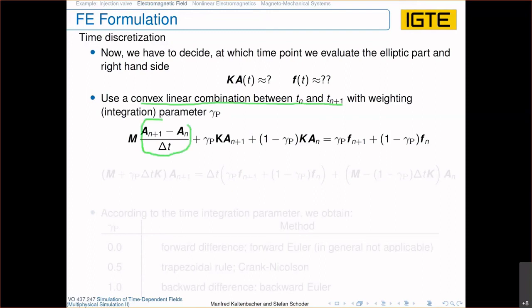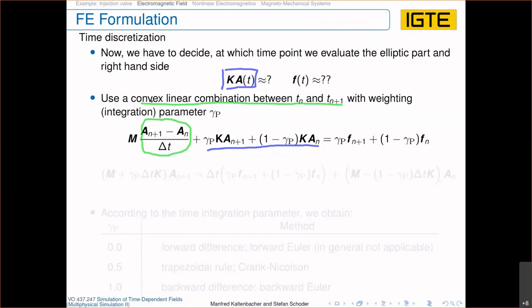And now for the discretization of, for example, this term here, we do the following as shown here. We evaluate it at the new time step where we want to compute the magnetic vector potential and scale this with some parameter gamma_p, and add to this the evaluation of the magnetic vector potential at the previous time step, which we should already have computed, and we scale this with 1 minus the integration parameter gamma_p.